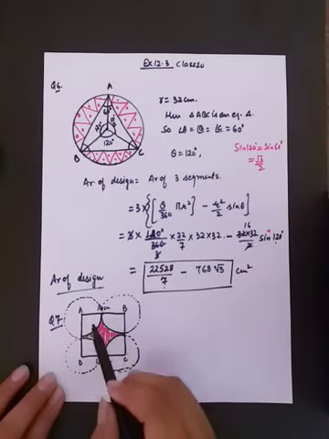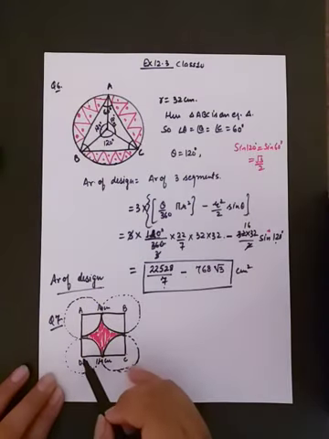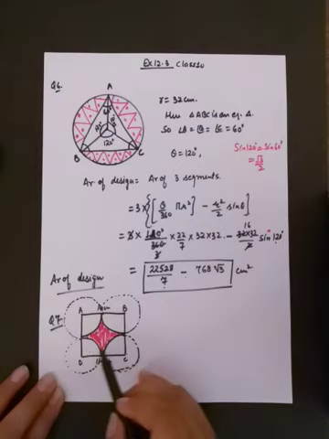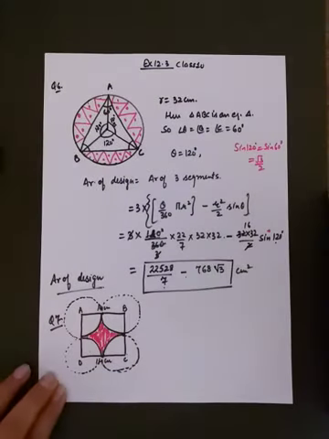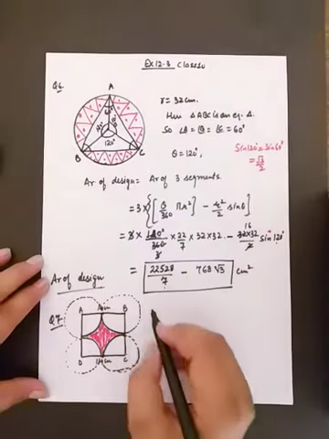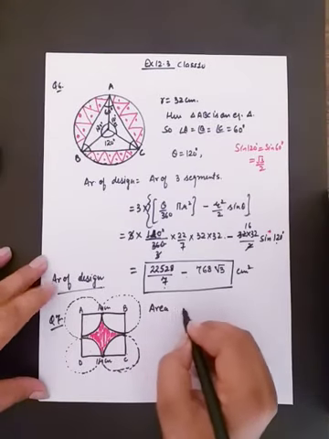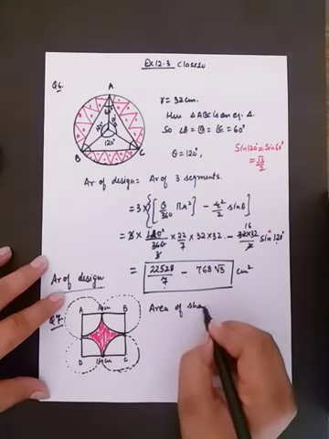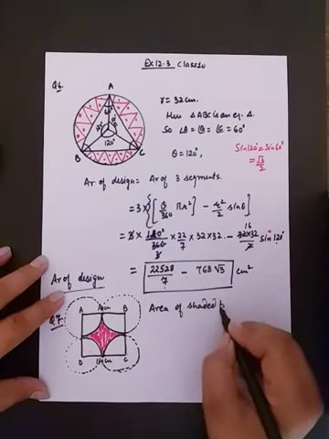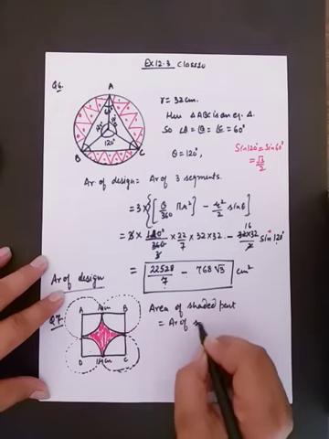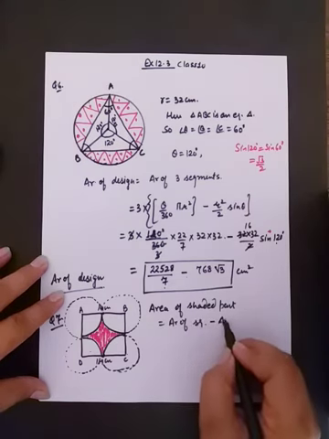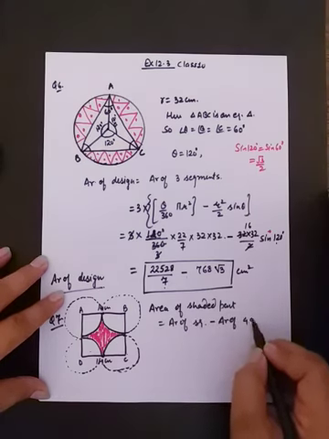So you can see, if we subtract the area of 4 quadrants, 1, 2, 3 and 4, from the square ABCD, we will get the area of the shaded part. Here the area of the shaded part is equal to the area of the square minus the area of 4 quadrants.